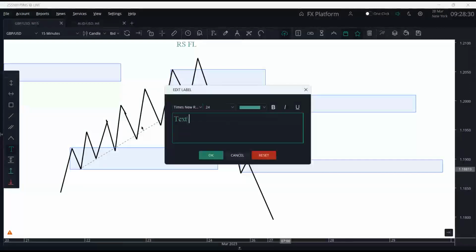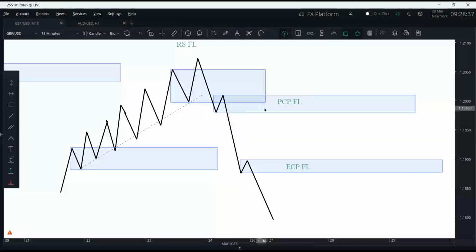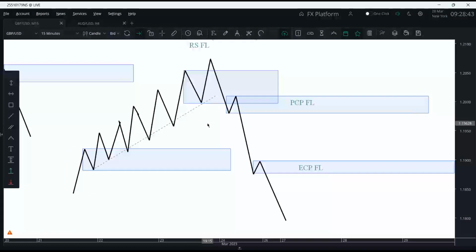This is an ECPFL. Most of the time, pre-CPFL is more important, because it has a really close definition to the flag limit that I told you, created by the FDR that holds the price up.